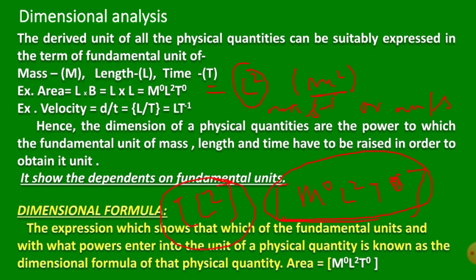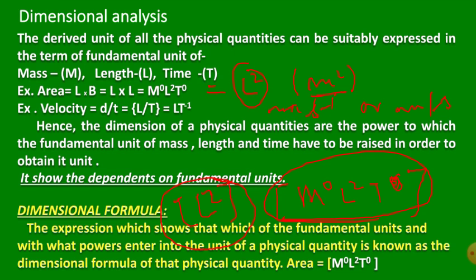Now, dimensional equation. The equation obtained by equating the symbol of that physical quantity with its dimensional formula is called its dimensional equation. So when I say dimensional equation, it will have an equal to sign.